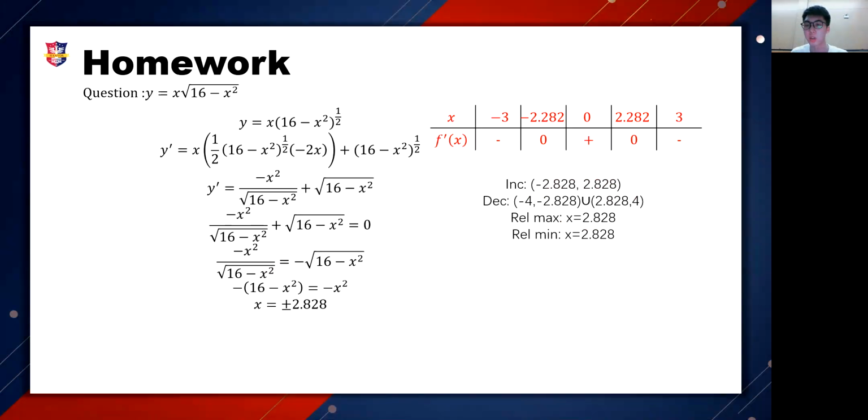So the function increases from negative 2.828 to 2.828, and it decreases from negative infinity to negative 2.828 and from 2.828 to positive infinity. The relative maximum is at x equals 2.828, and the relative minimum is at x equals negative 2.828.